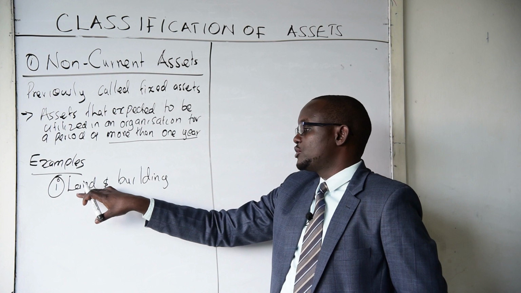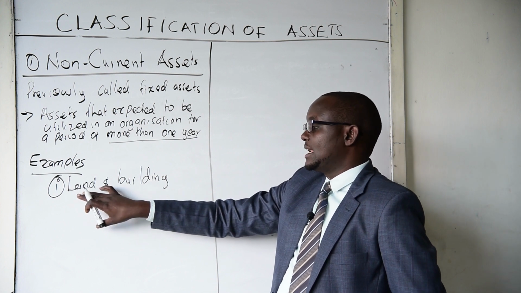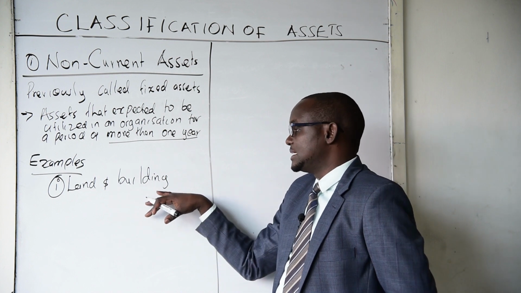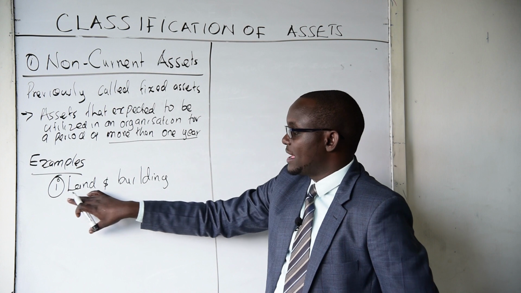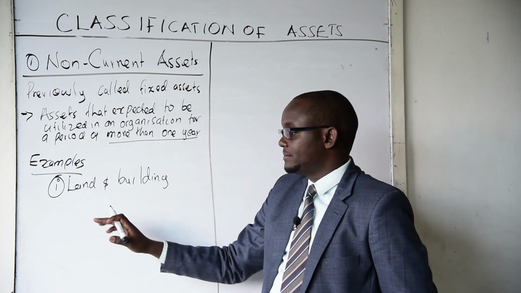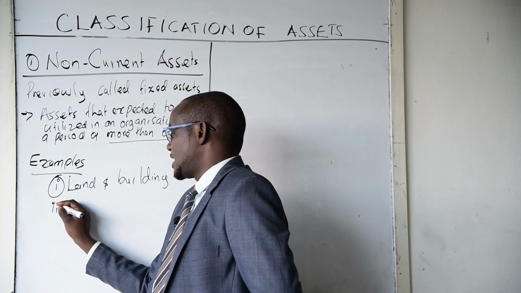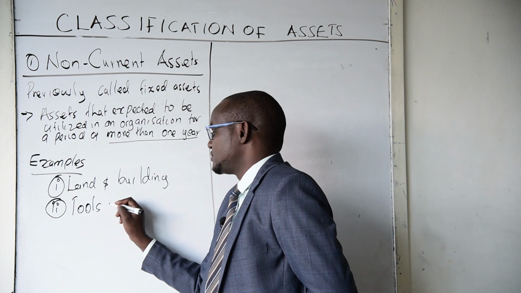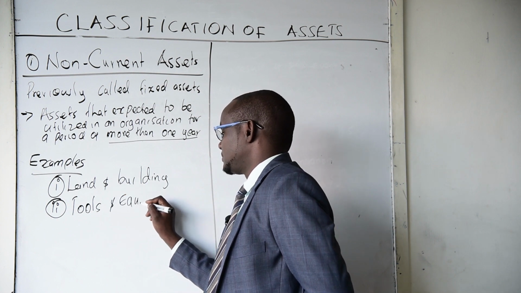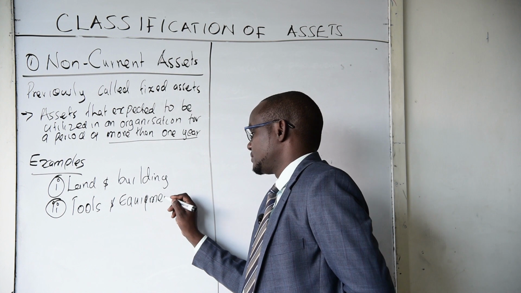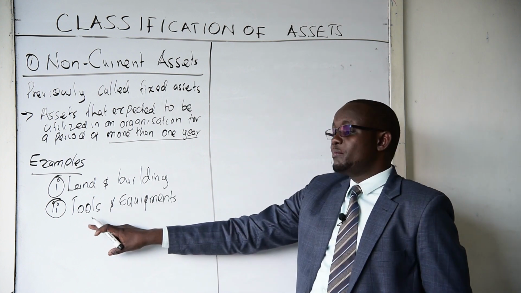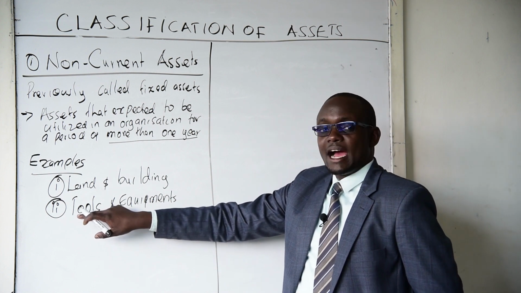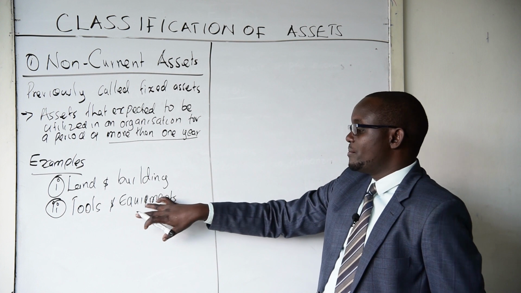Even though when you are doing financial reporting, you can report separately land that does not have a building, and you can also report the other land that has a building. Majorly, we combine the two and say the value of land and building. Then the second one, we have tools and equipments. Under tools and equipments, here is where we find tools that are used in an organization, like hammers and chisels, and equipments like generators.